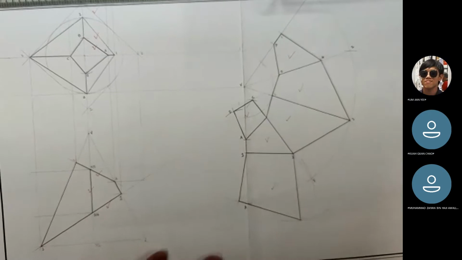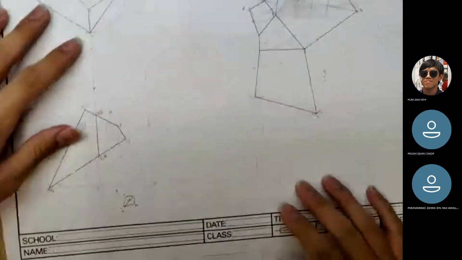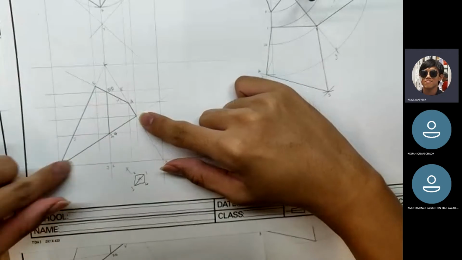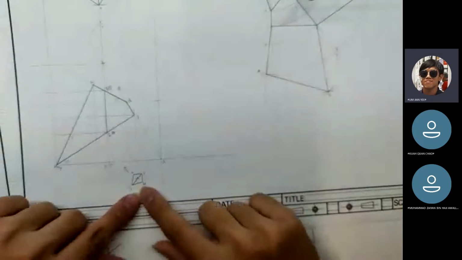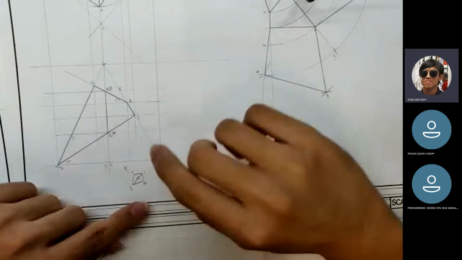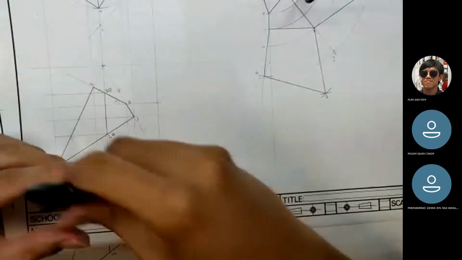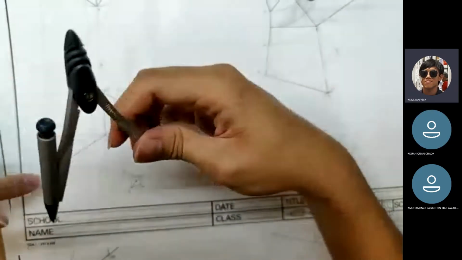Okay. It's similar to the bottom. So what you want to do, right? If you look at 1, 2, 3, 4, like remember auxiliary, if you look at it from this angle, you'll see this triangle thingy, right? And if you look at it directly head on, it will be like a true shape. So what is the distance from 1 to 3?